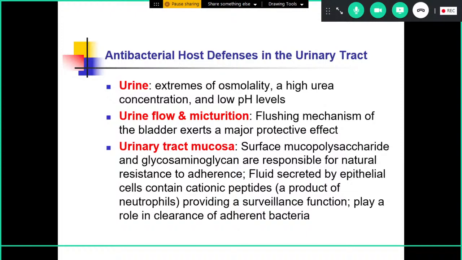Urinary tract mucosa has fluid secreted by cells containing cationic peptides, which provides a surveillance function. The surface mucopolysaccharide and glycosaminoglycan are responsible for natural resistance to adherence. So the host also resists in many ways.